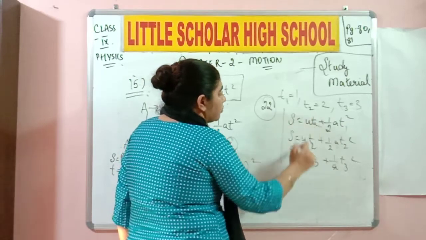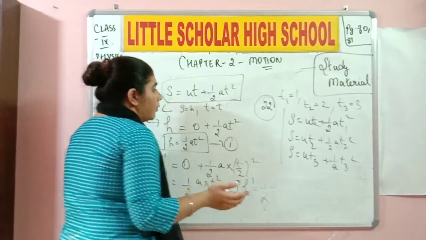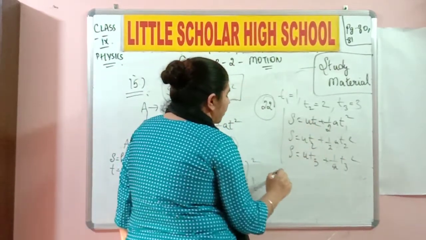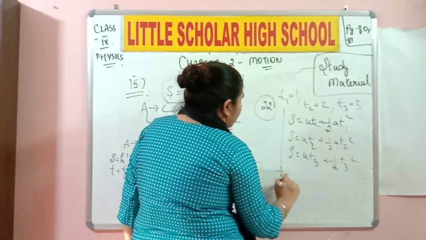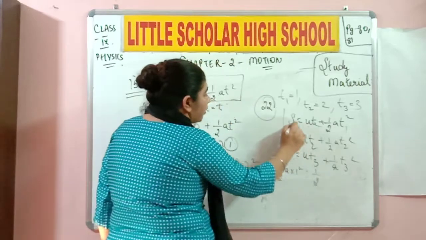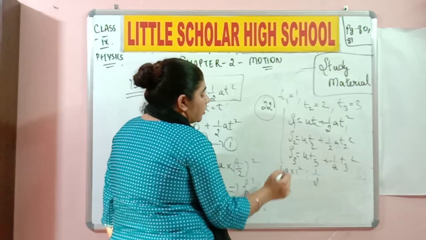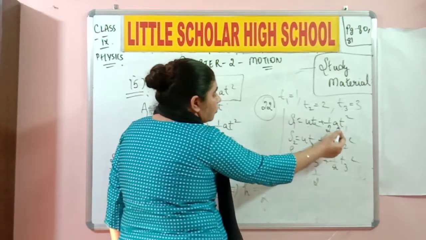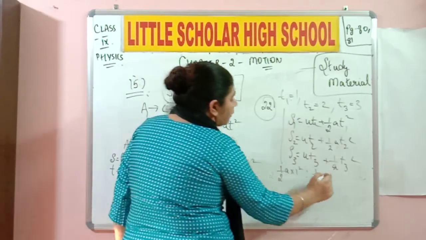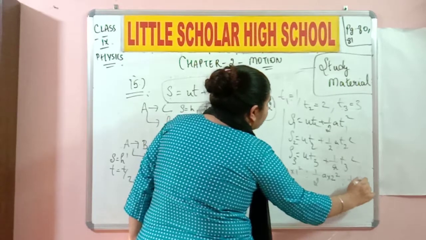The ut term is going to be a common part in all of them, so you need not worry about all that. Here, because u is going to be 0, this is not going to be considered. If you want to make a ratio of S1, S2 and S3, so S1 is to S2 is to S3 is going to be half a into 1 square is to half a into 2 square is to half a into 3 square.